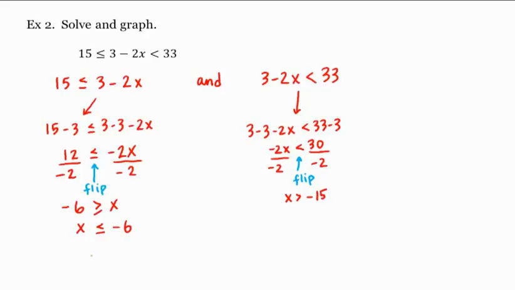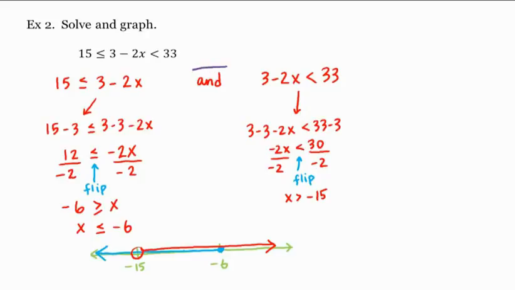Now let's graph this. Here is negative 15, and here is negative 6. So less than or equal to negative 6, x can equal negative 6, and then we go to the left. Greater than negative 15. So we put an open circle here. We go to the right.